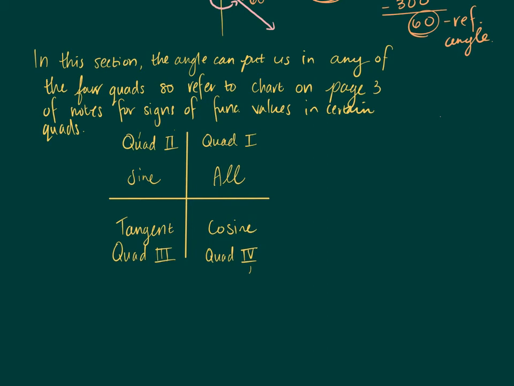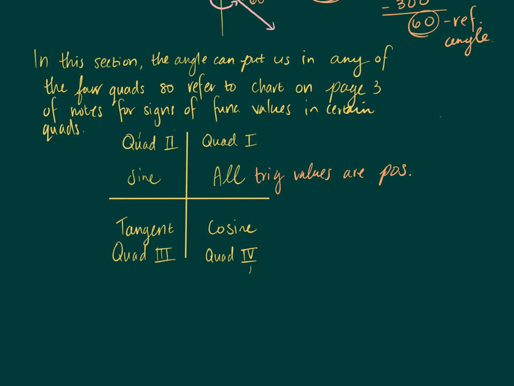So the way I have memorized this at this point is ASTC, or CATS, or all students take calculus. So what this says is that in quadrant 1, all of my trig function values are positive. So that means cosine, sine, cosecant, secant, tangent, and cotangent are all positive in quadrant 1.